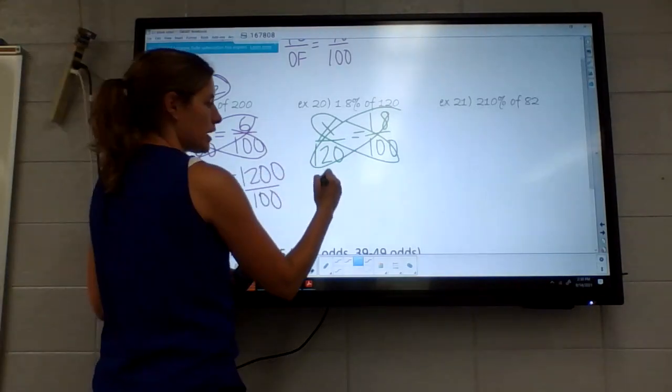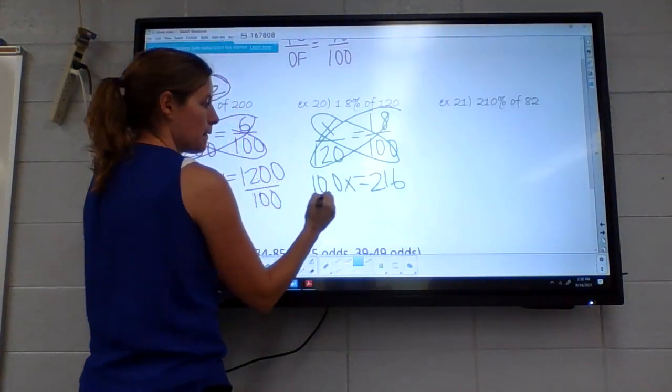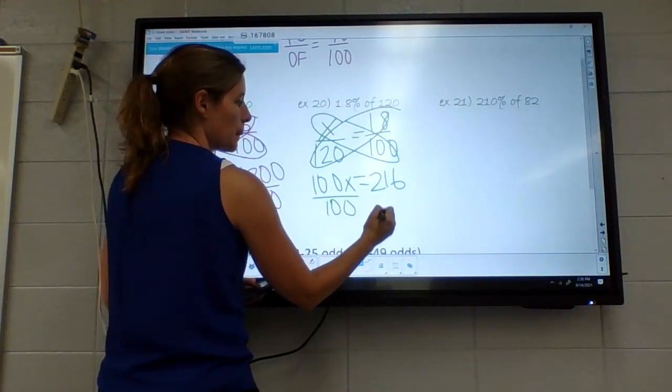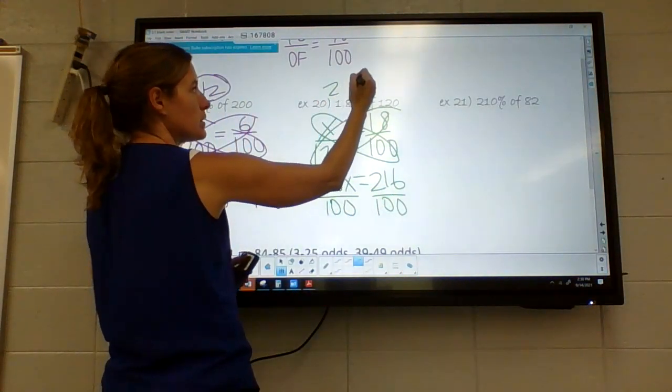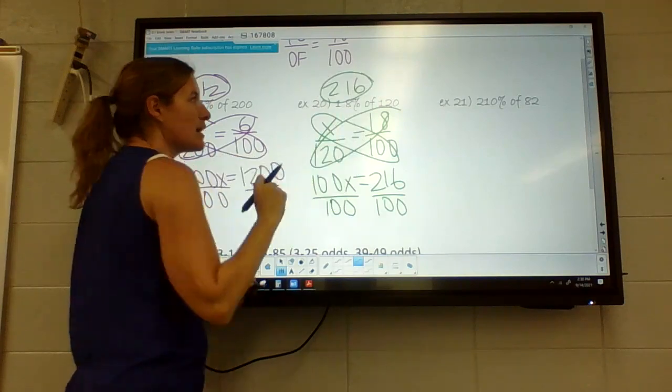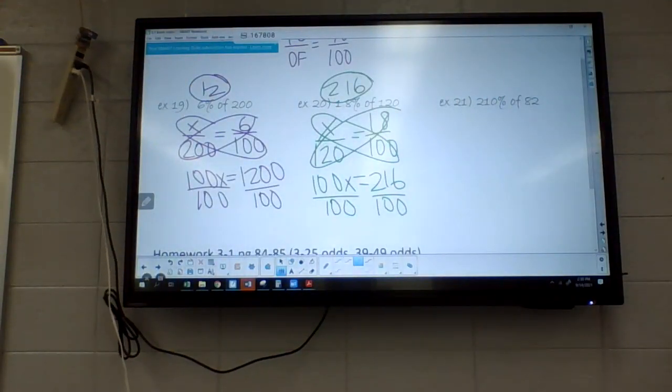So I get 100x equals 216. I divide by 100, and I get 2.16. That makes sense because this should be a very small number. 1.8% of anything is probably going to be pretty small.